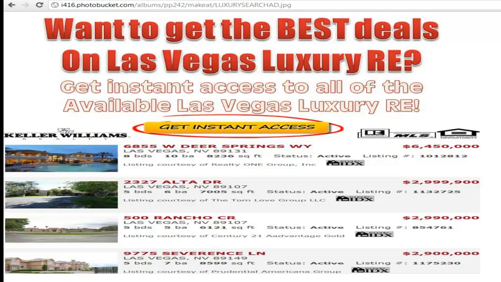And what this ad would link to would be the IDX site. Excuse me, it was the IDX site that allowed them to type in the criteria for luxury properties. So it's a very, very simple thing to do.